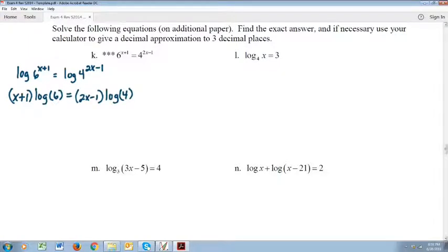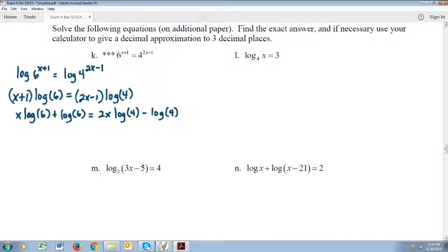And so we have the log of 6 times x plus 1. I'm going to distribute there, and I get x log of 6 plus the log of 6. And I'm going to do the same thing on the other side. Now the problem here is we've got 2 x terms. Since I'm solving for x, I want to get those 2 terms on the same side.